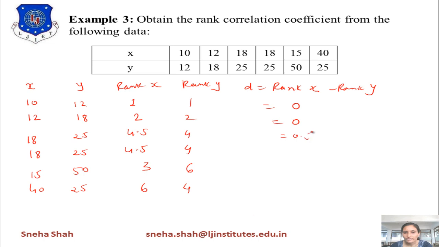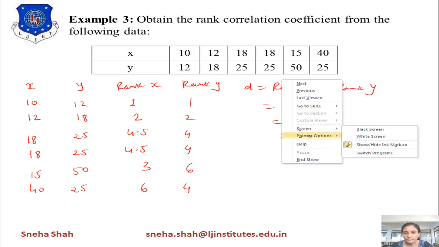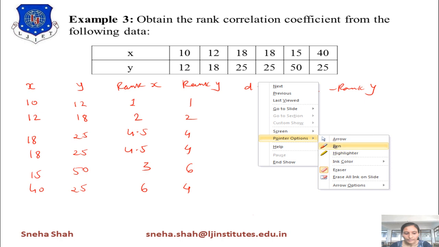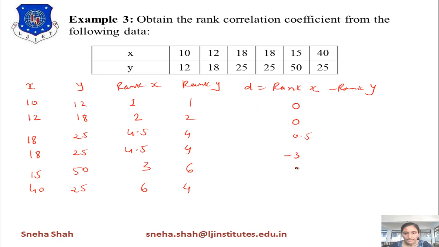Likewise I will find all the values: 0, 0, 0.5, minus 3, and the last term is 2. This one is also 0.5.